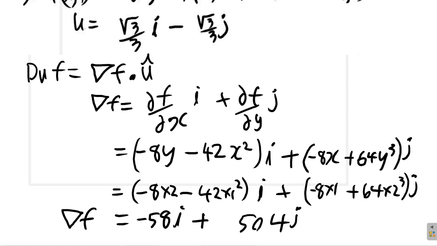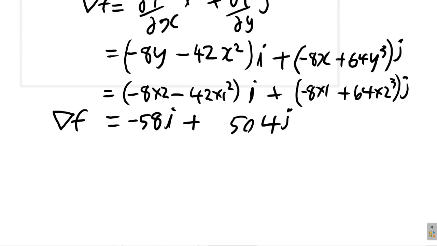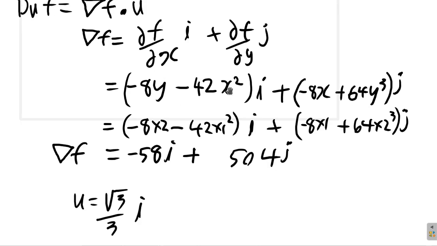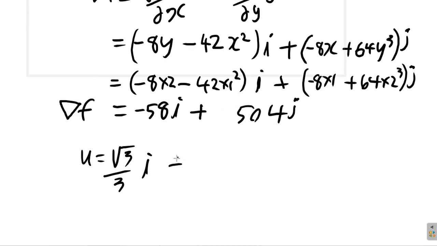So u is square root of 3 over 3 i plus negative square root of 3 over 3 j.